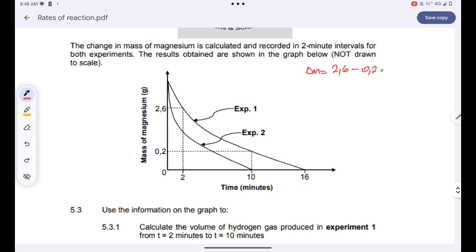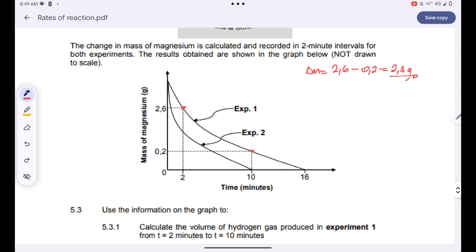So the difference will give me 2.4 grams. So this will be the change in magnesium. Basically, this will be the amount of magnesium which will be used to form hydrogen between t equals 2 minutes and t equals 10 minutes. Right? So that's the amount of magnesium that will be used.